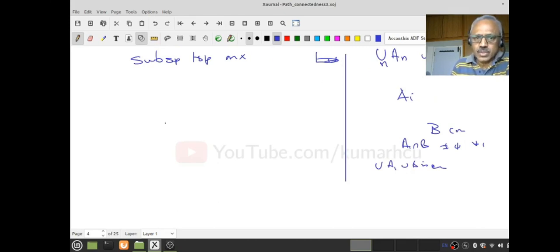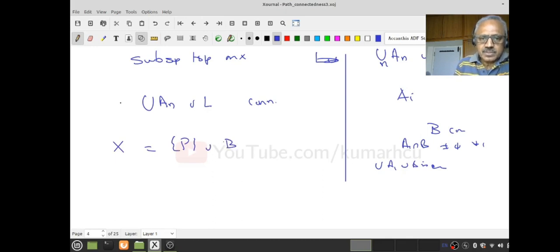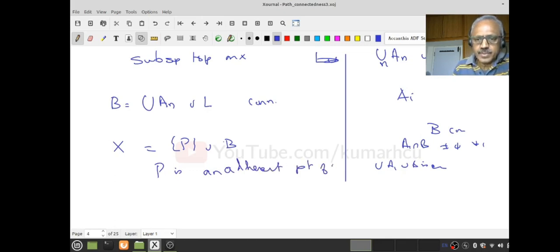Anyway, so we know union A_n union L is connected, right? Now let's look at the set X. It consists of P union this B, call this B if you want. And now P is an adherent point of B. Why is it an adherent point?